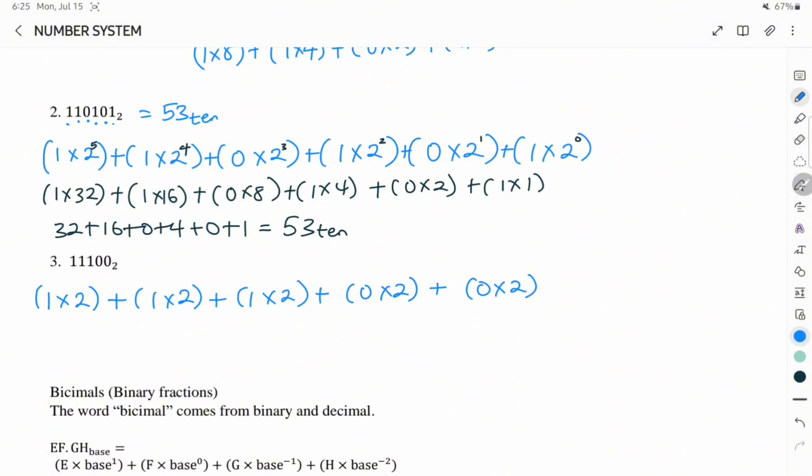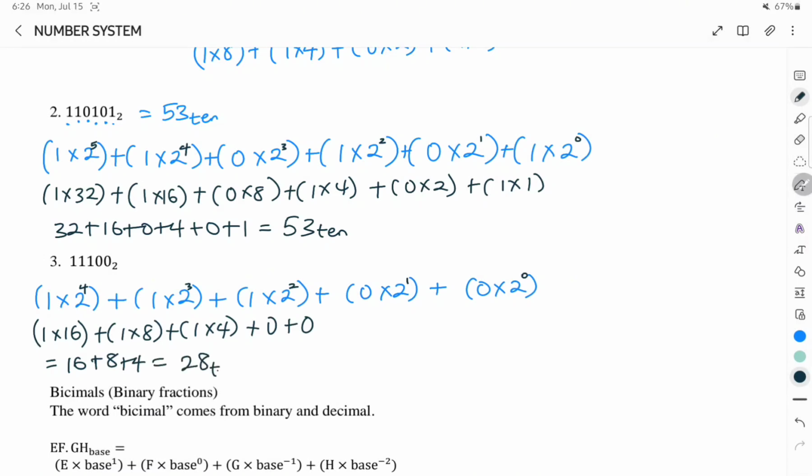Lastly, we insert an index, starting from 0, 1, 2, 3, and 4. So 1 times 2 to the power of 4 is 1 times 16, plus 1 times 8, plus 1 times 4, plus 0, plus 0, because I know that 0 multiplied by anything is still 0. So we have 16 plus 8 plus 4, which is 28 base 10.